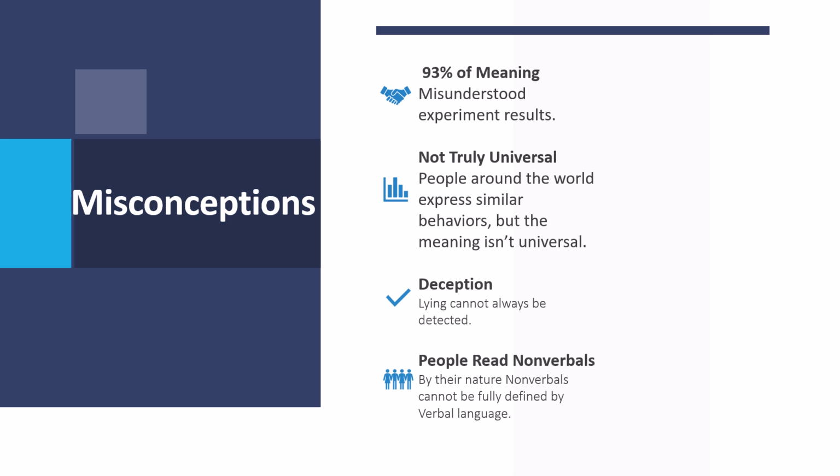And then the last misconception I wanted to talk about is that you can read people by their nonverbals. And that isn't really true because everyone has a different variation of the way they react to certain things.